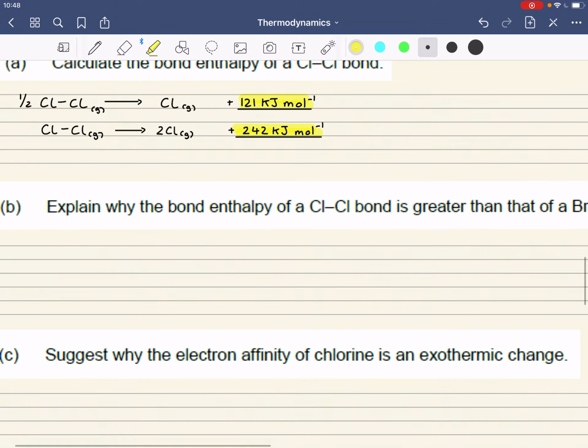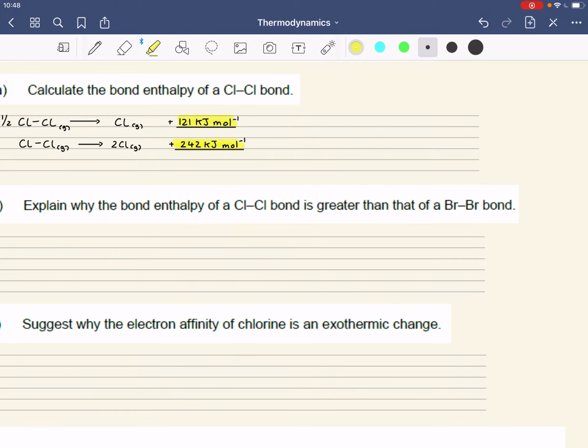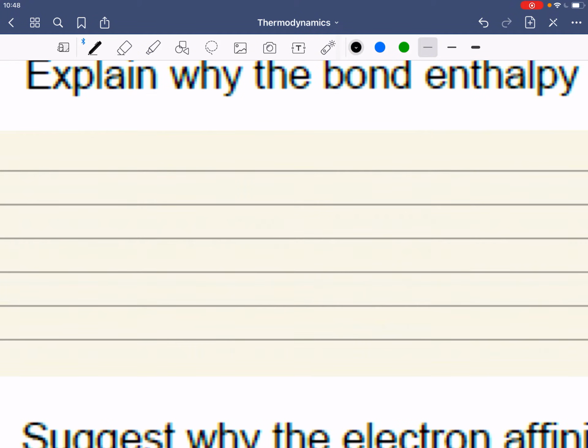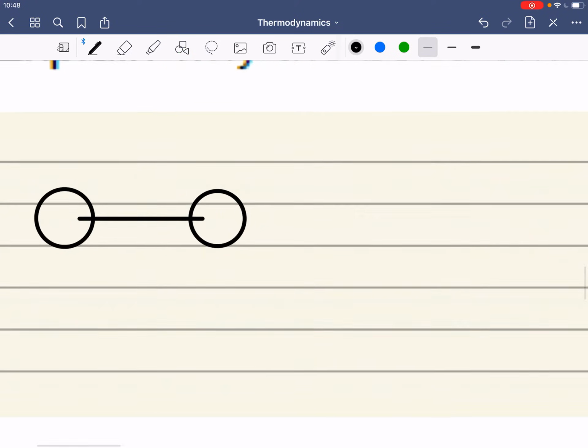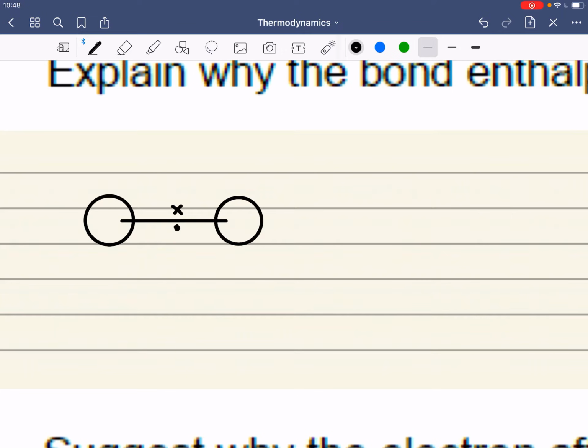Then it says to explain why the chlorine-chlorine bond enthalpy is greater than the Br-Br bond enthalpy. Well, let's consider a chlorine-chlorine bond. And this is my pair of electrons.